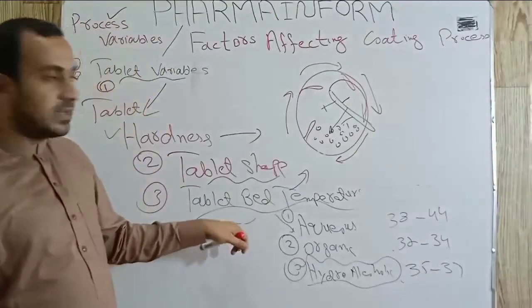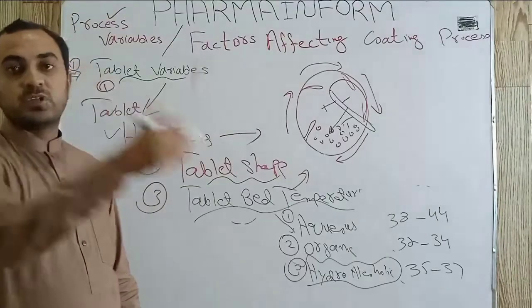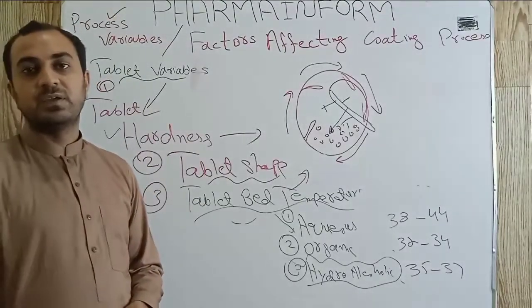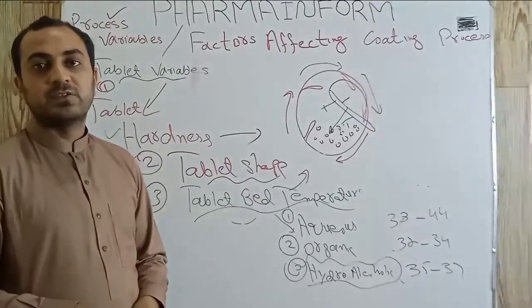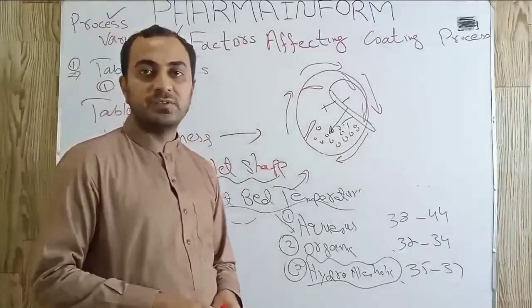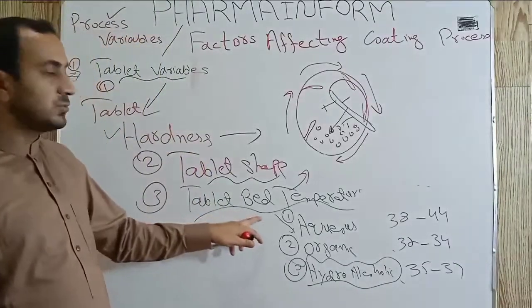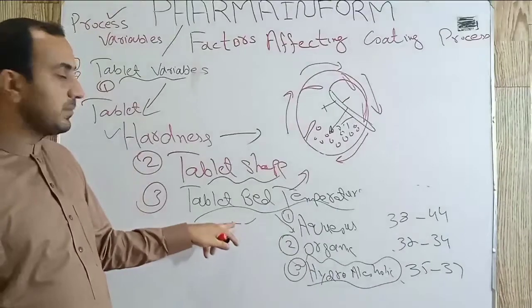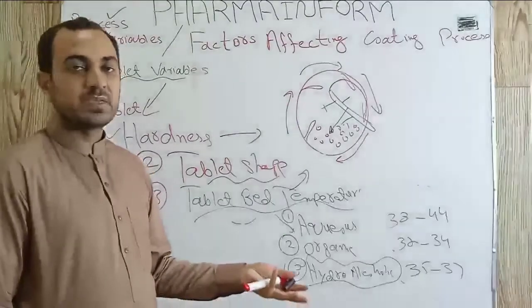Tablet bed temperature plays an important role in the application of spray rate, because if our tablet is not warm and we apply our suspension over the tablets using spray guns, our tablet shows pits on its surface or it may become rough.